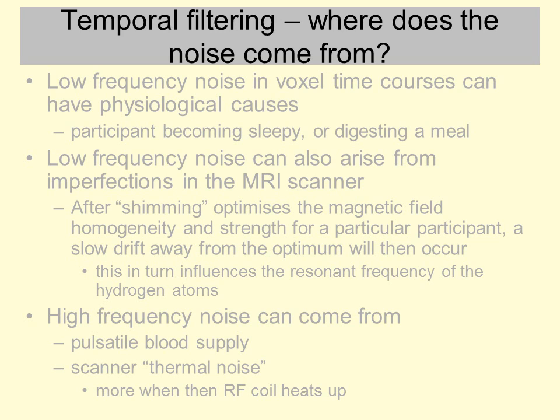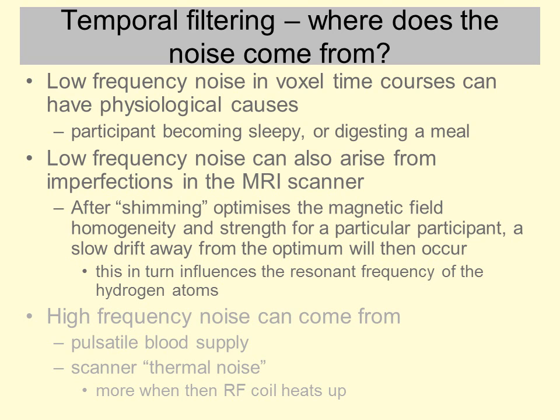So before we move on, let's consider what causes the fluctuations in image intensity that are not caused by your experiment, which are just what we think of as noise. So the low frequency ones can sometimes have physiological causes, such as the participant gradually becoming sleepy over the course of a long experiment, or perhaps digesting a meal.